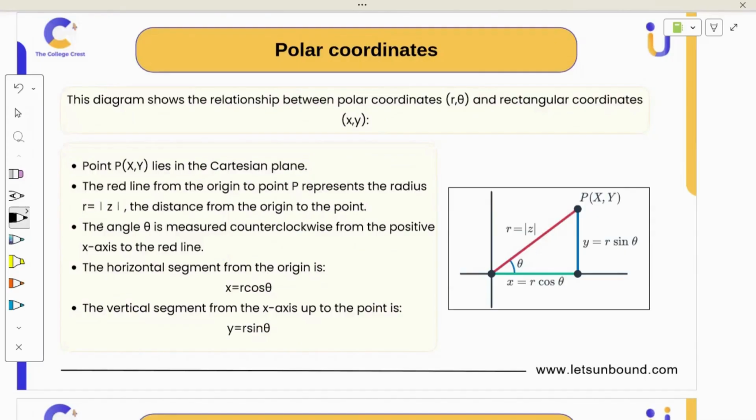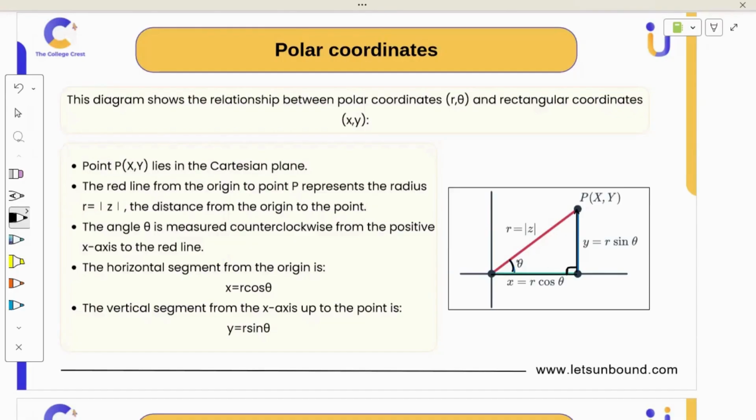Now, how do we manipulate polar coordinates and apply the concepts while solving problems algebraically? Any point P of x comma y is a Cartesian coordinate. You drop down a perpendicular, a distance at 90 degrees, so you make a right triangle.